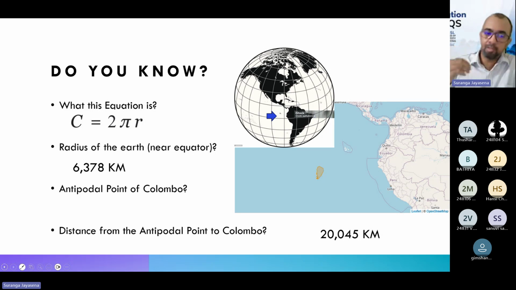Now you understand, if you dig a hole in your backyard, right? It will go perpendicularly, and the other side will be near Colombia in the Pacific Sea.